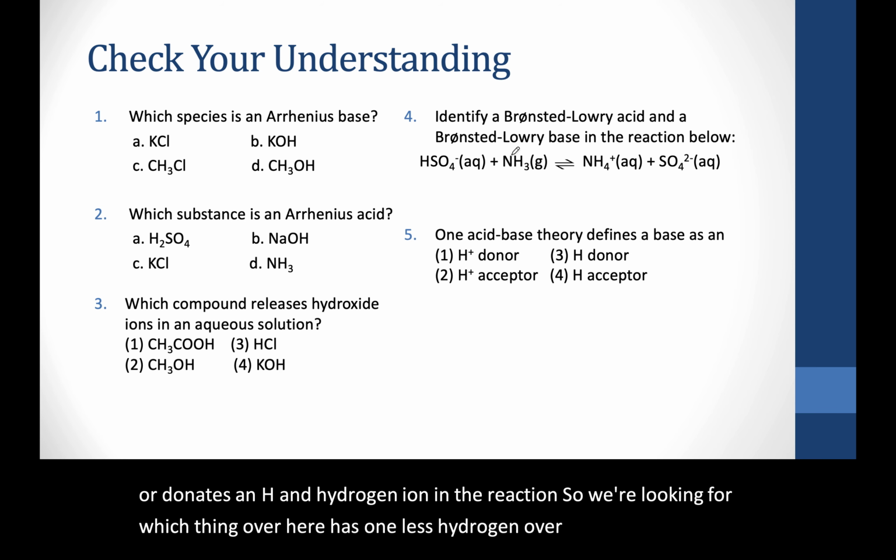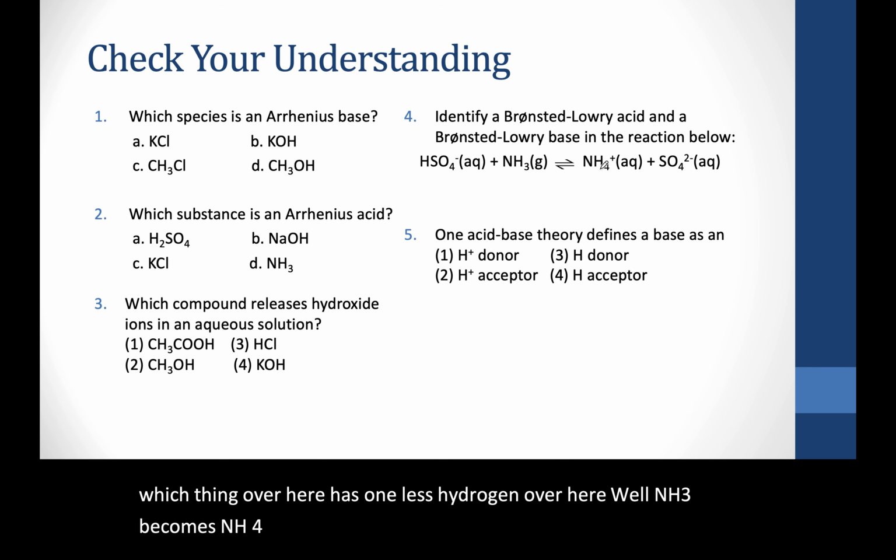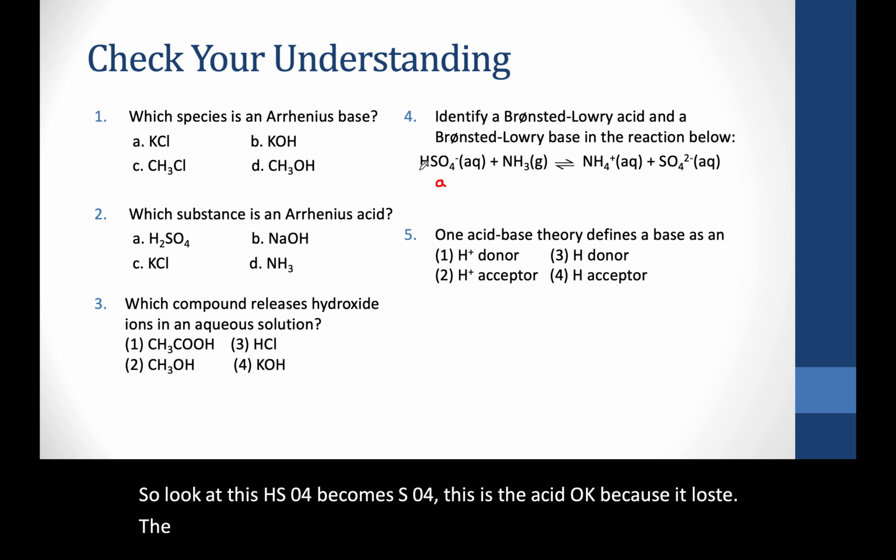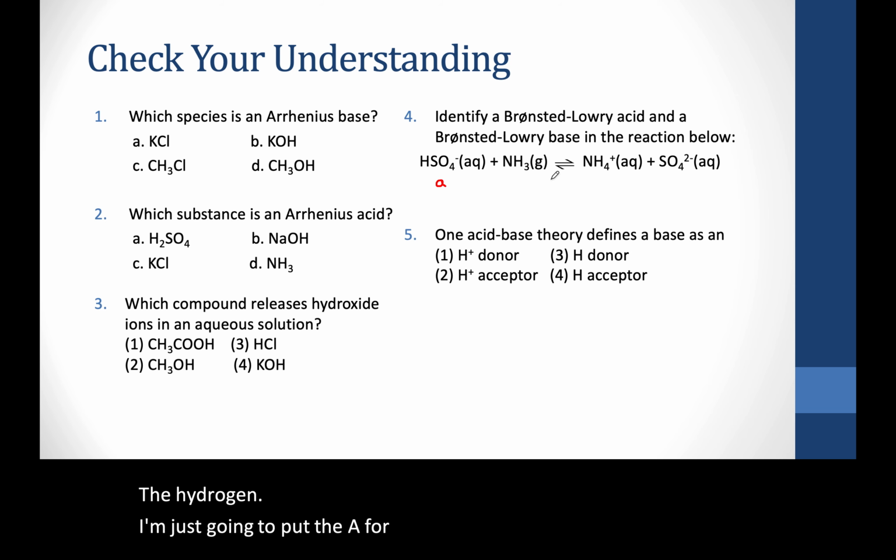Well, NH3 becomes NH4. It's actually gaining a hydrogen. That's going to be the base, right? So look at this. HSO4 becomes SO4. This is the acid, okay, because it lost the hydrogen. I'm just going to put the A for acid.